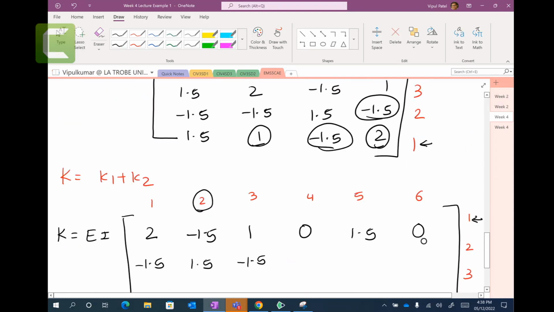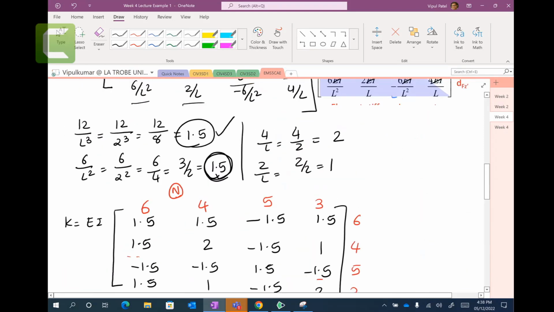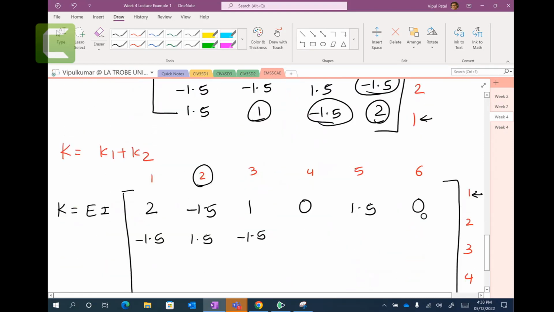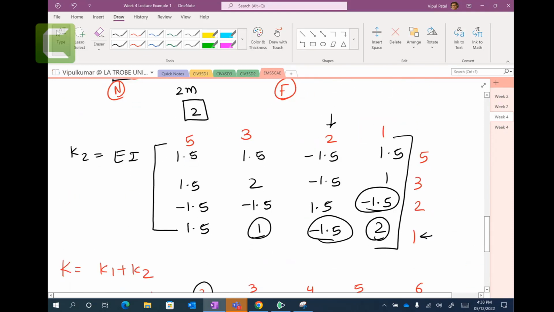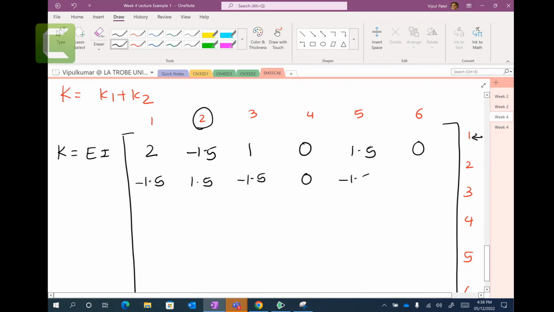Column 4, row 2, there is nothing. Column 5, row 2 is minus 1.5. And column 6, row 2 is 0.